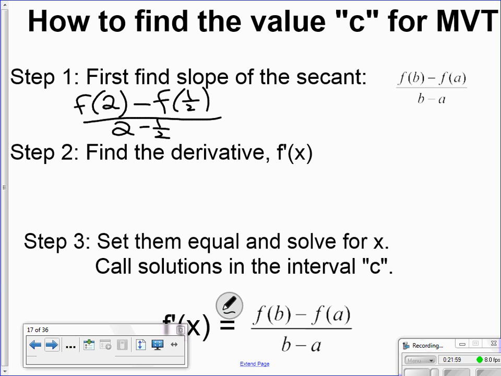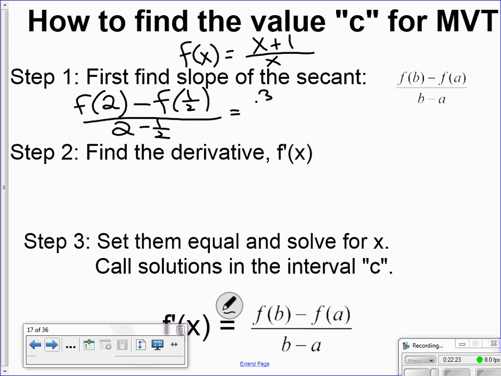I better write our function up here. Our function is x plus 1 over x. Okay, so what's f of 2? Three halves.